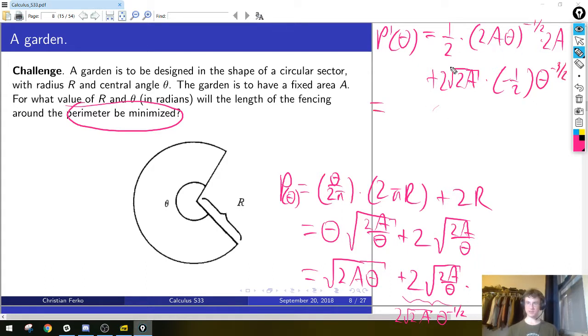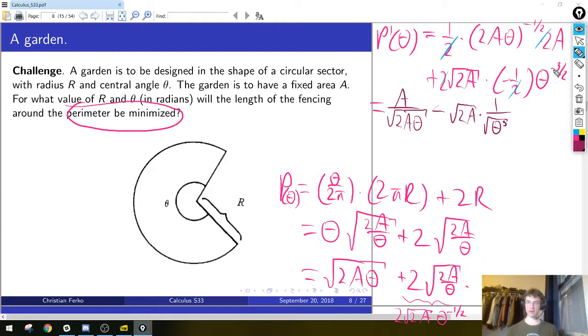Okay, so the halves cancel here and here, so at the end of the day this should be a over square root of 2a theta, and then the 2's went away, so that's minus root 2a times theta to the minus 3/2, which is 1 over square root of theta cubed, if you like.